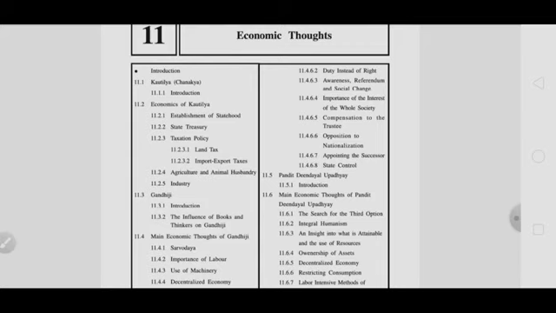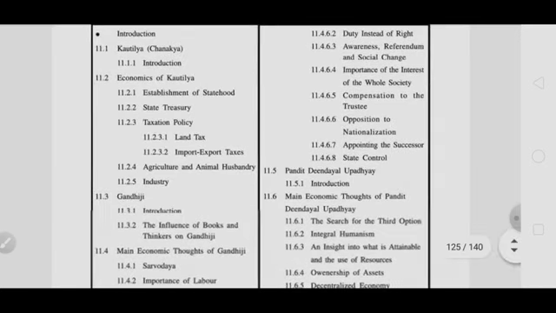First of all, the main economic thoughts are of Kautilya, that is Chanakya, because as we all know, Chanakya is the father of ancient or traditional economics. So first of all we'll discuss the introduction of Chanakya and his different studies, then the economics of Kautilya, that is Chanakya, and his different points.